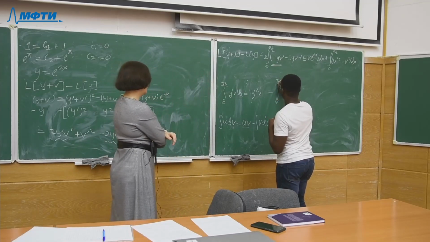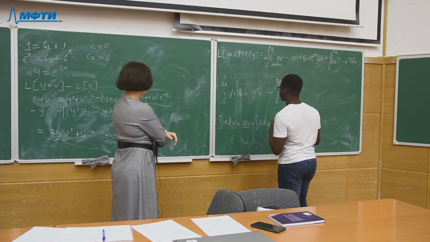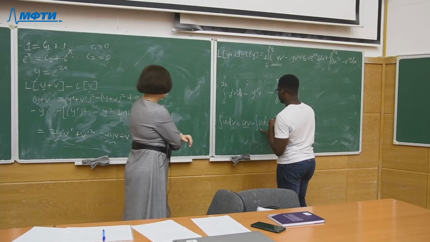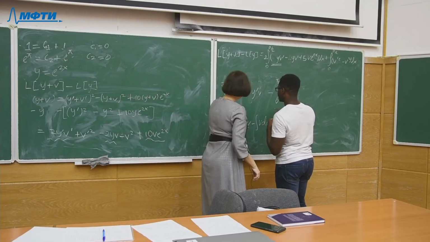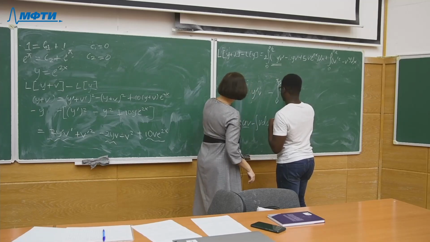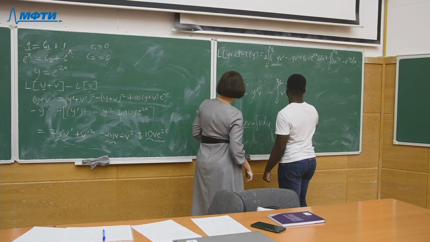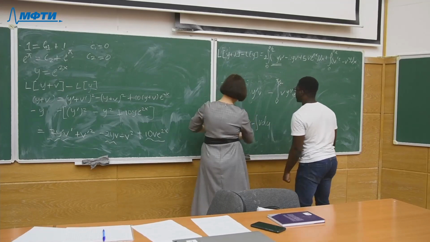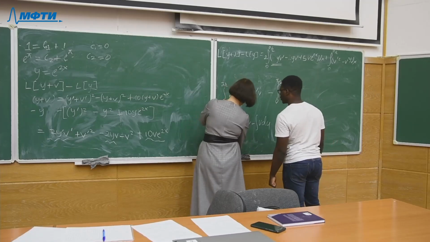And differentiate this, so y double prime dx. Okay, clear? So switch u and v.